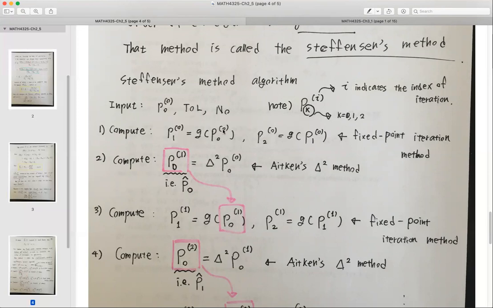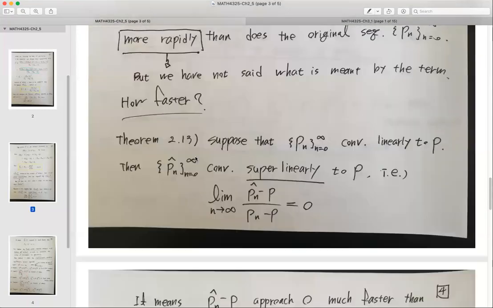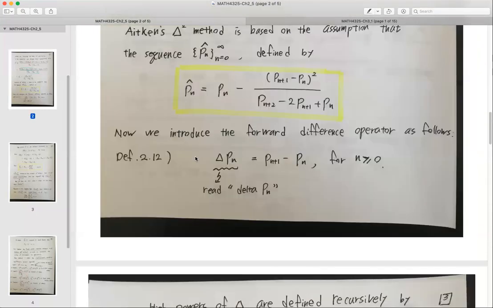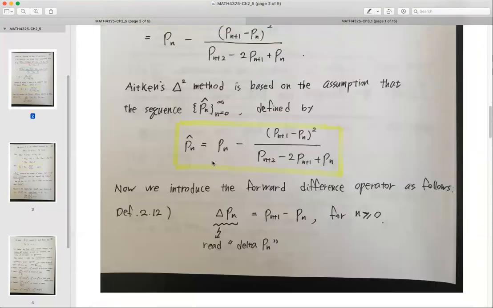And then the next step, we compute the P0 hat. Why? Because look at this formula. In the Aitken method formula, to calculate P hat, we need to know P n, n plus 1, n plus 2.